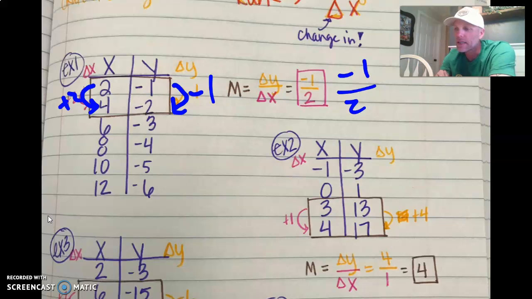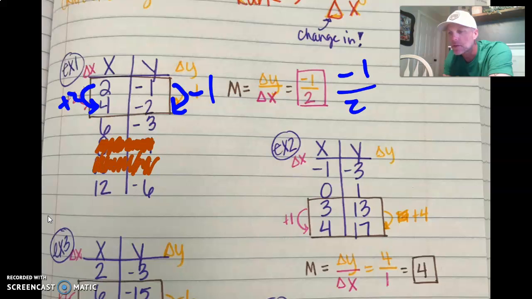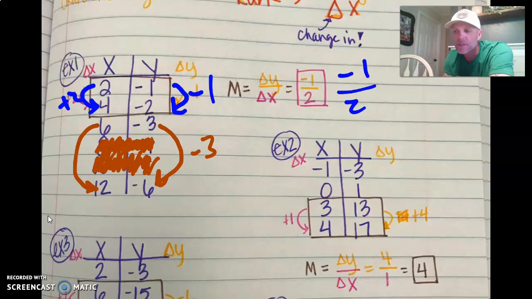You can use a different color here. I want to talk about the same problem. Let's say this one right here didn't exist. Okay, it wasn't written there. All right, actually, let's just do this one too. So we could go from negative 3 to negative 6, which is a change of negative 3. And we could go from 6 to 12, which is a change of positive 6.